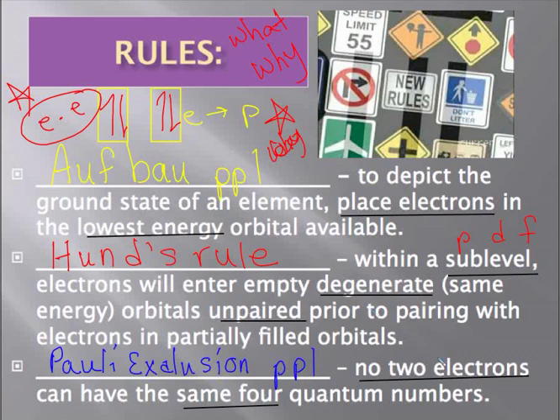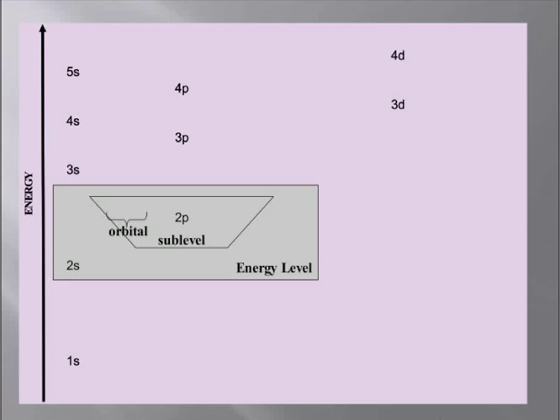Now, this is going to be accomplished by putting electrons with a +1/2 spin and a -1/2 spin when they have to share an orbital. So they may have the first 3 the same, but then that 4th spin quantum number will not be identical. So those are the guidelines.